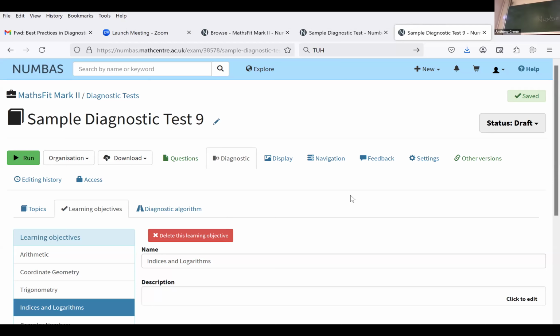Yeah, we talked about the knowledge map. Yeah. Okay.